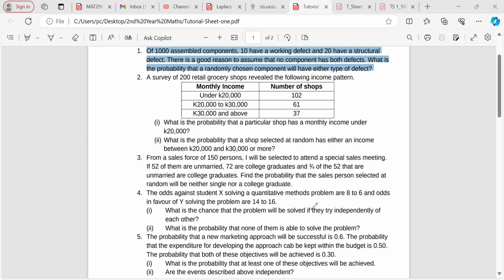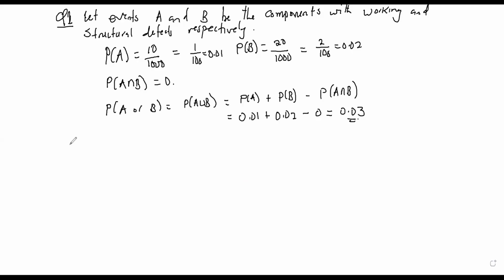So let's get to the drawing board. Okay, so now we're here for question 3. Let's again name the events.